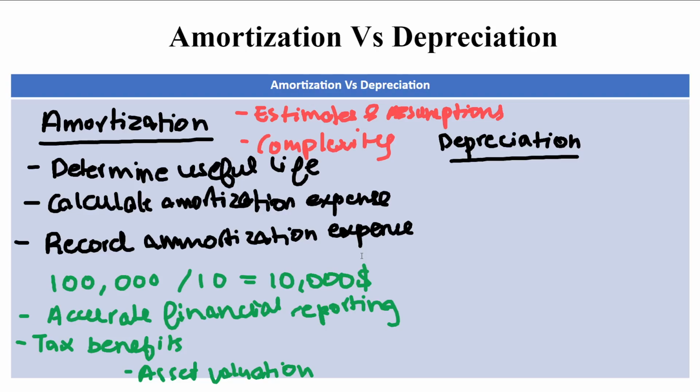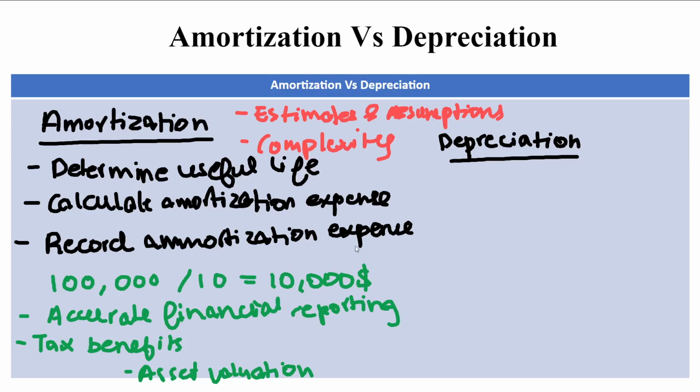Tangible assets are physical assets that have a physical substance, such as property, plant, and equipment. When we looked at amortization, that was for intangible assets. But for depreciation, it's almost the same thing, but it's for tangible assets.